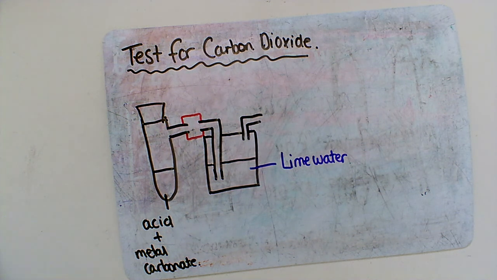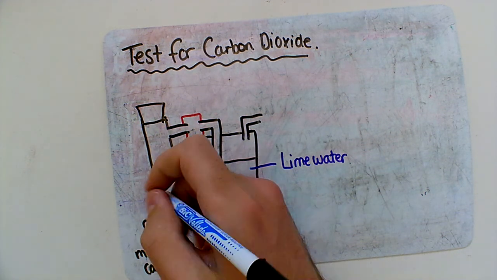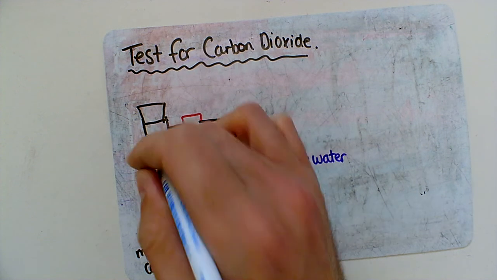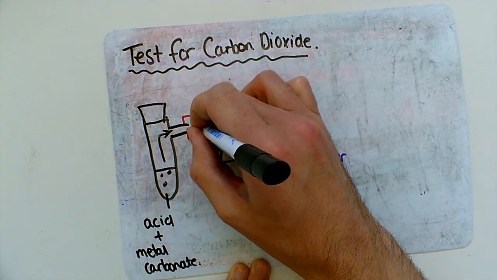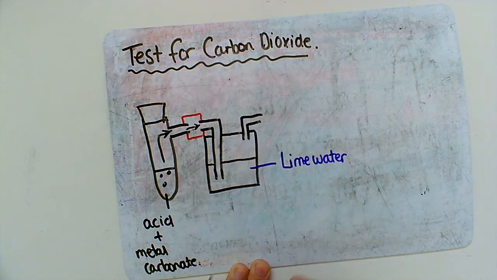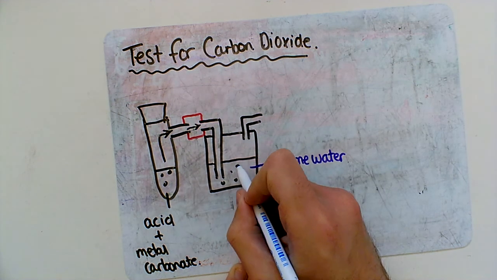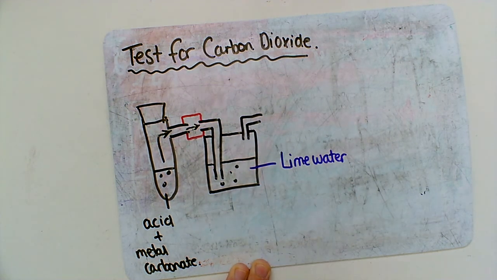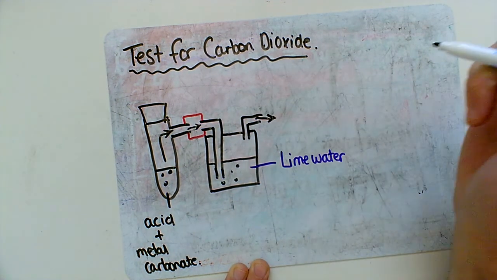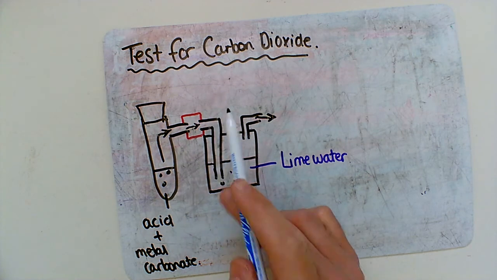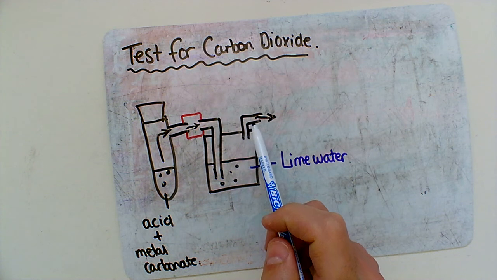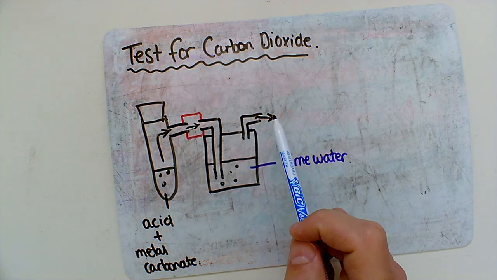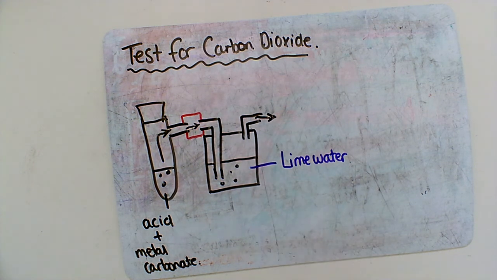Now what happens is that if your metal's reacting with the carbon dioxide, you'll get these bubbles being produced, and they will go up, they'll go through here, and then they'll go down into here, and they'll start to bubble out through there and be able to escape. So this tube needs to go into the liquid so that your gas can bubble through it. It needs to go into the lime water, and then you need a second tube just so that any gas can escape. Otherwise you get a build-up of pressure.